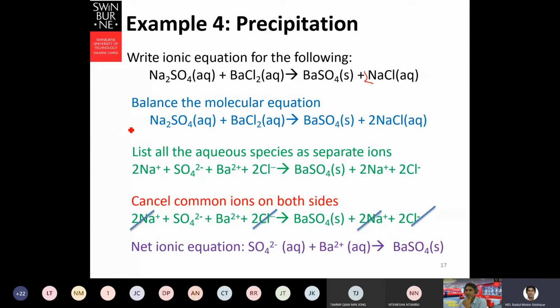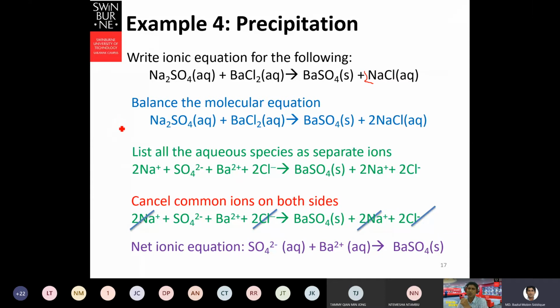Here we see the sodium sulfate, Na2SO4. Why Na2? Because as I said, sodium is a group 1 element at the very left side of the periodic table, so it is always 1 positive. But SO4, the sulfate ion, has 2 negative charge on it. So to neutralize that 2 negative charge, 2 sodium is needed.